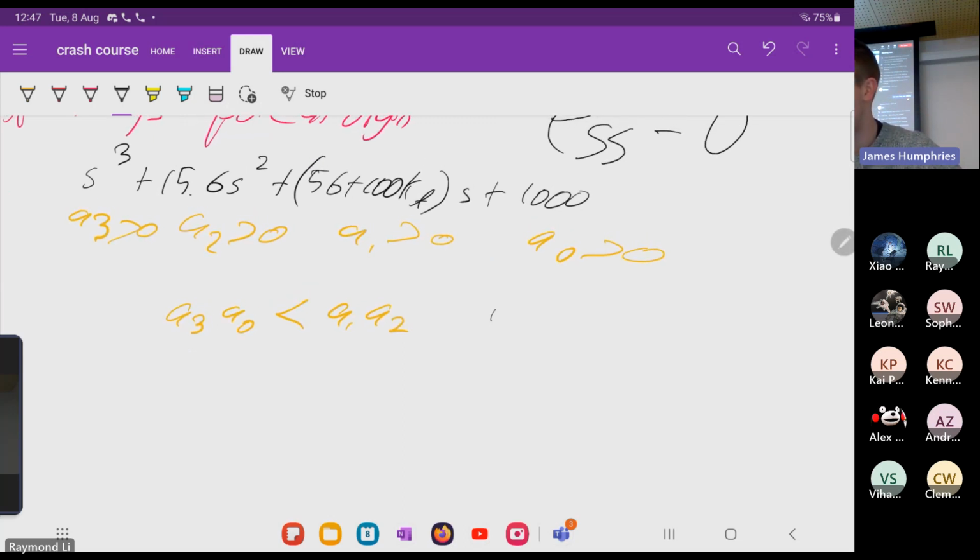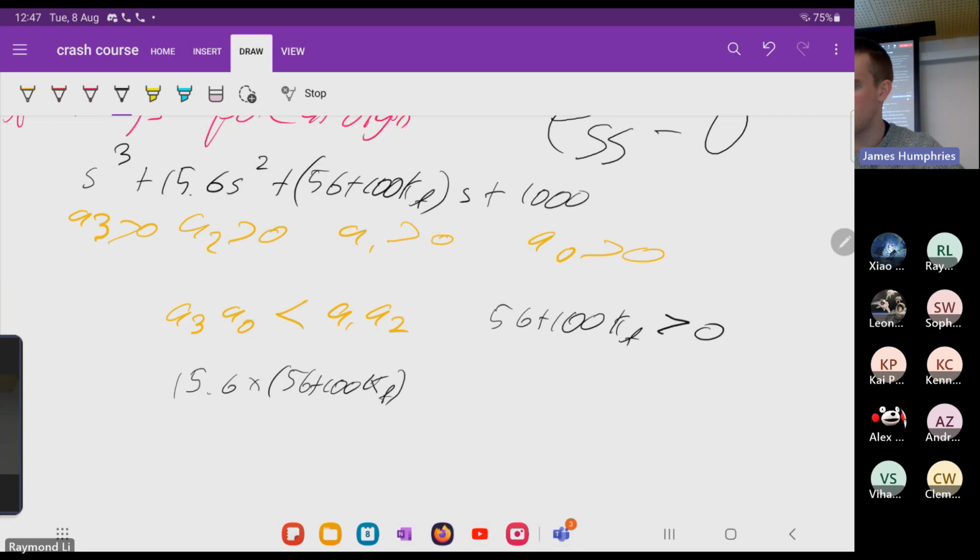So the main thing we're going to have is 56 plus 100 KT must be greater than 0, and that 15.6 times (56 plus 100 KT) must be greater than 1,000.